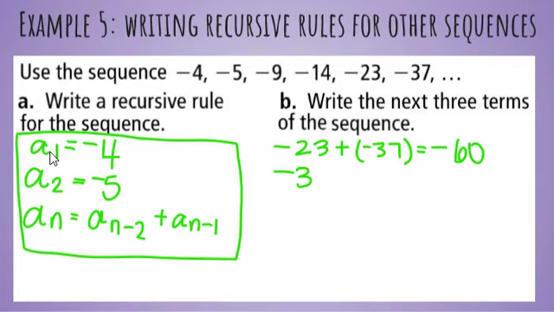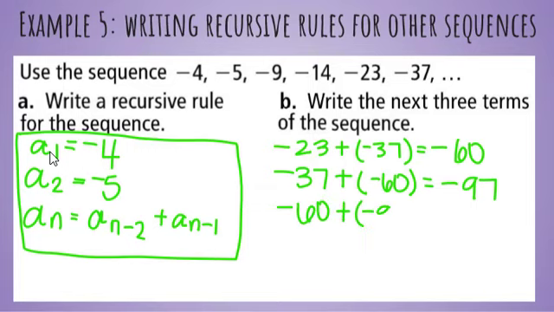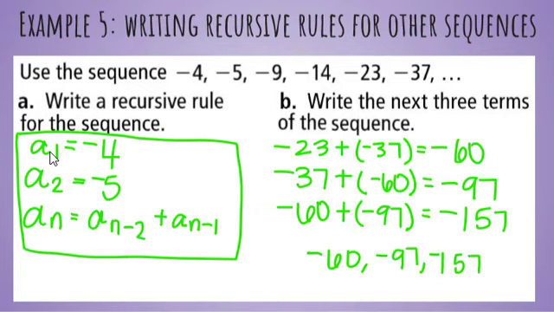So now we're going to do -37 plus -60, which is going to give us -97. And then last, we're going to do -60 plus -97, which is going to give us -157. So our next 3 terms are -60, -97, and -157.